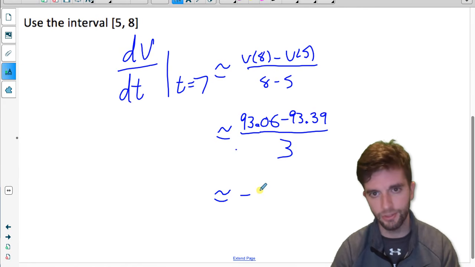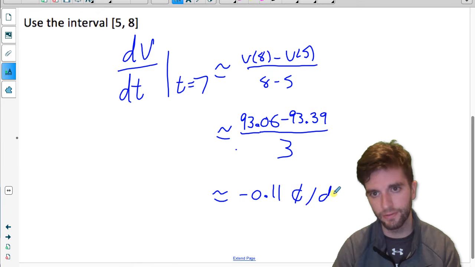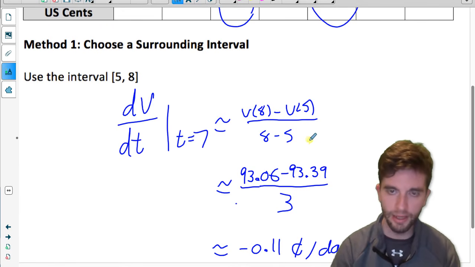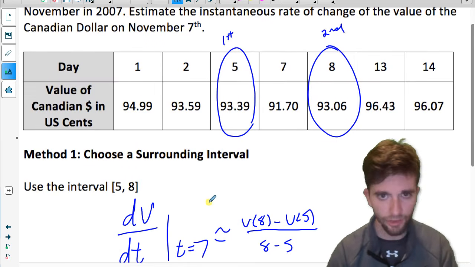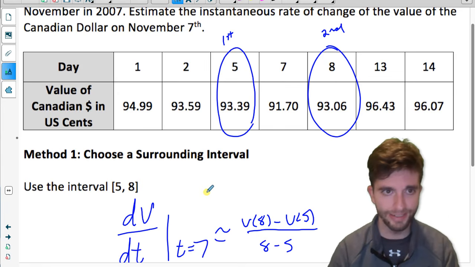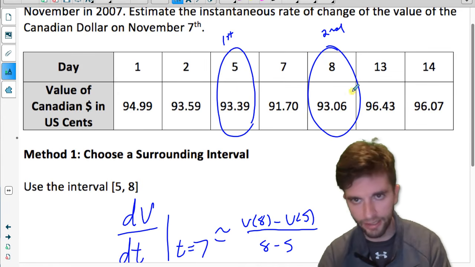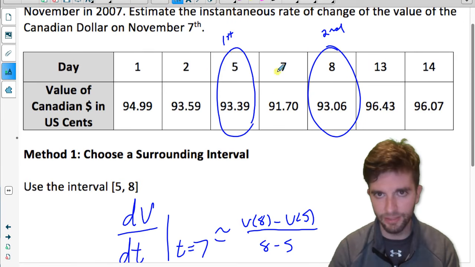And that's equal to negative 0.11, and we are in cents per day, right? The value is in cents, and the time is in days. So cents per day is the rate of change we found. So we found out the value of the Canadian dollar is going down by about 0.11 US cents per day over that interval between November 5th and November 8th. So that's our estimate for the rate of change on November 7th.